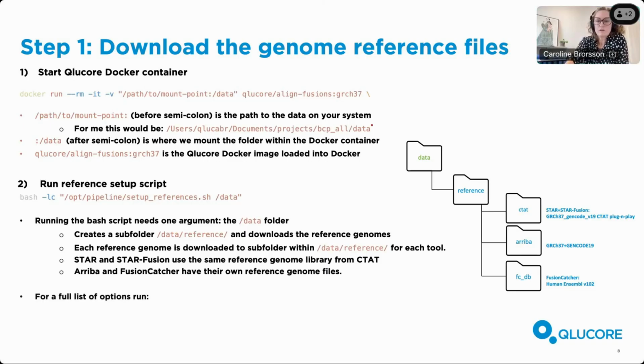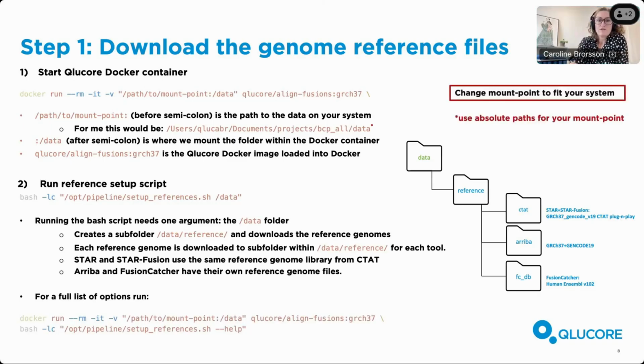And if you want to see a full list of options for this script, you can just run with the help flag. And change the mounting point in the first part to fit the data on your system.